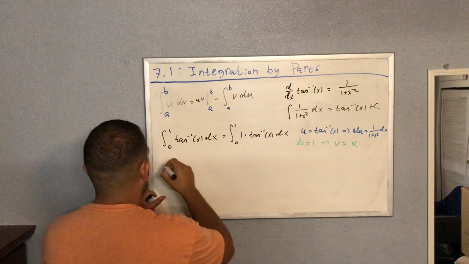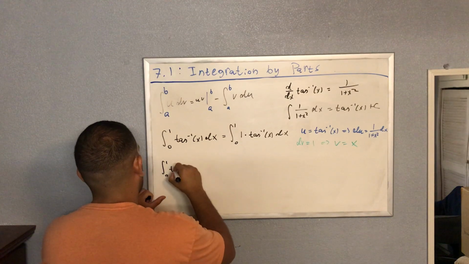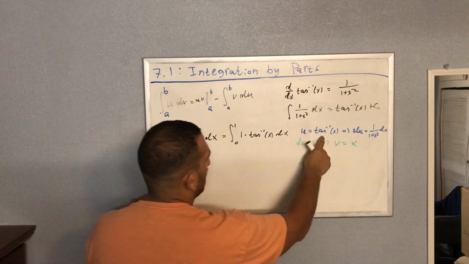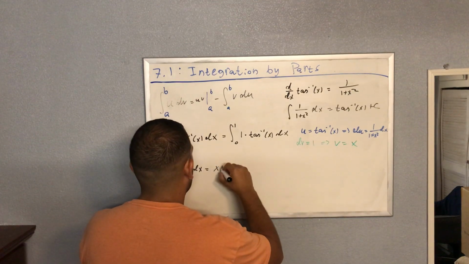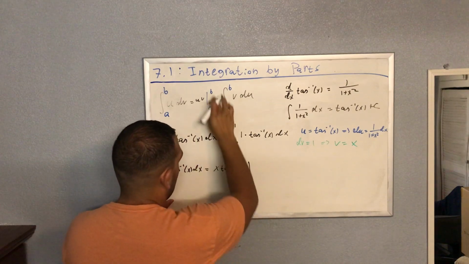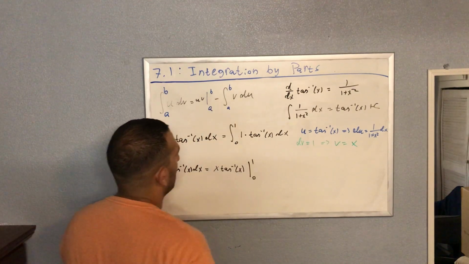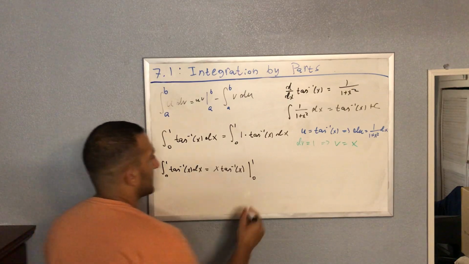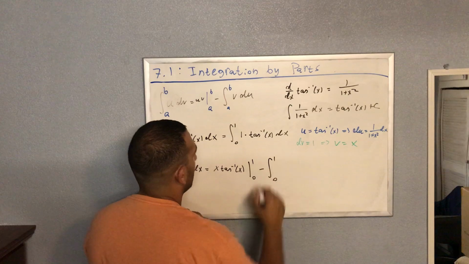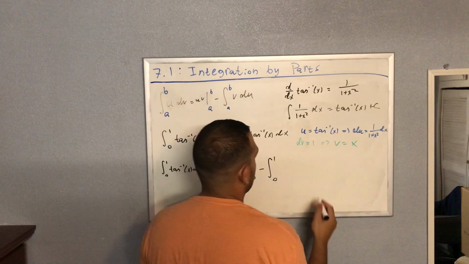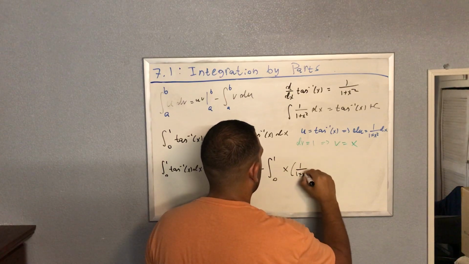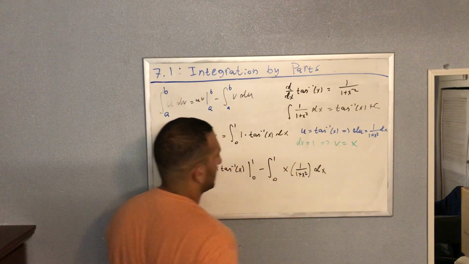So this would end up being u times v, so x tangent inverse x, evaluated, because we have an a and a b, from 0 to 1, minus the integral from 0 to 1 of v, which is x, times du, which is 1 over 1 plus x squared dx.